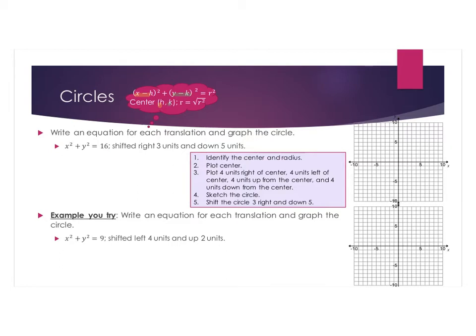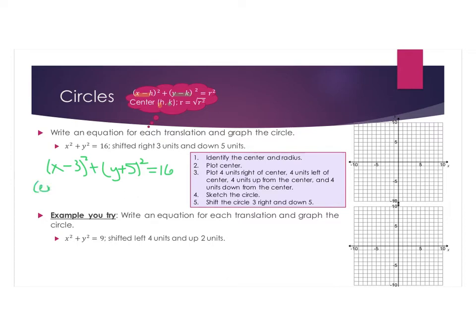So if we're shifted right 3 units, then we will have x minus 3, because it's opposite if it's inside, plus shifted down 5, y plus 5 quantity squared, and we're going to have the same radius squared, 16.